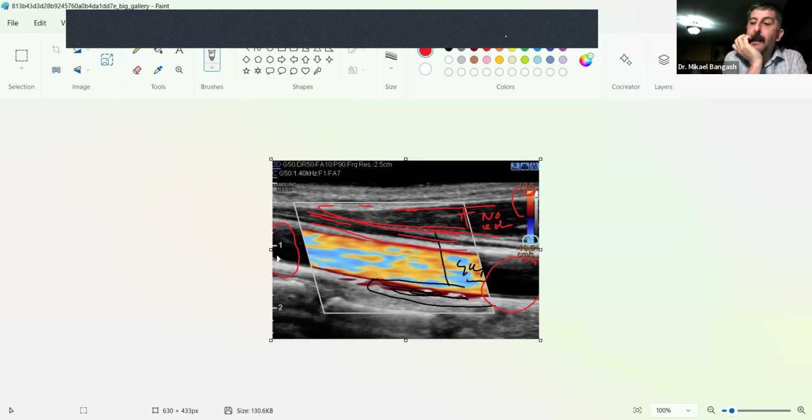Let me ask one more time. This is a blood vessel. You have aliasing, you have ghosting, you have everything, right? Even this is a blood vessel, even this part here that I'm marking with red. Is there anybody who can guess why there is no color in this blood vessel?